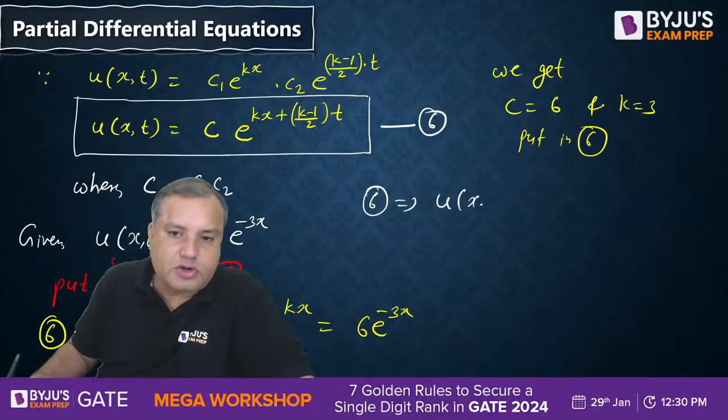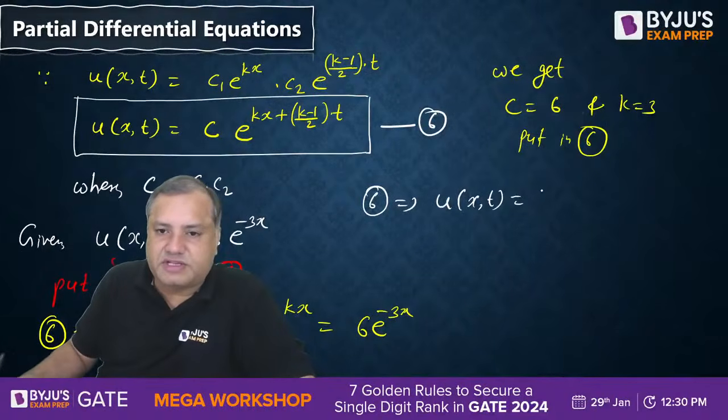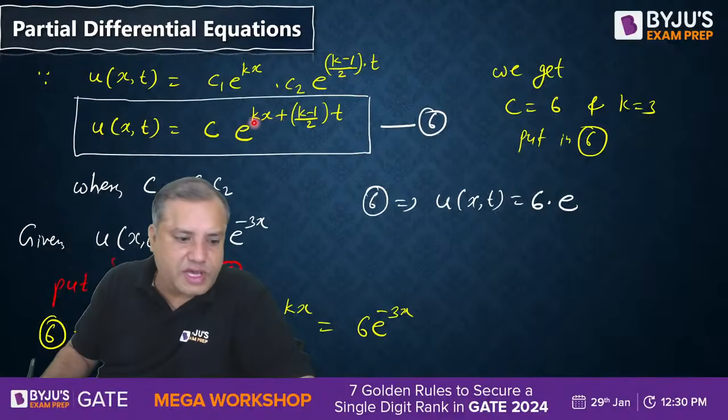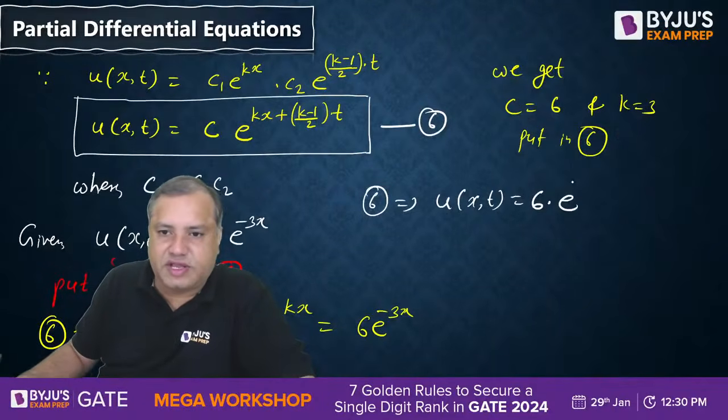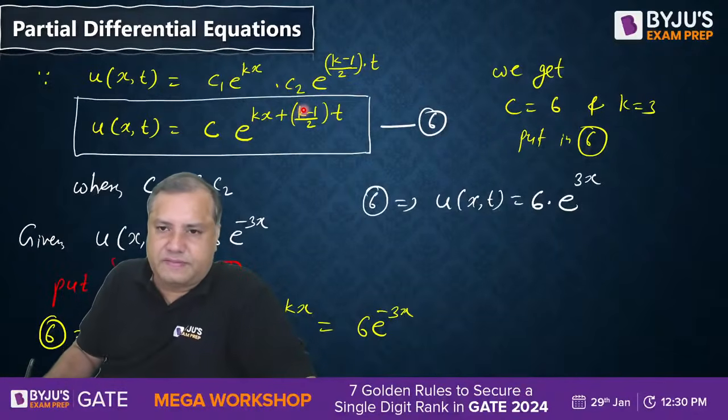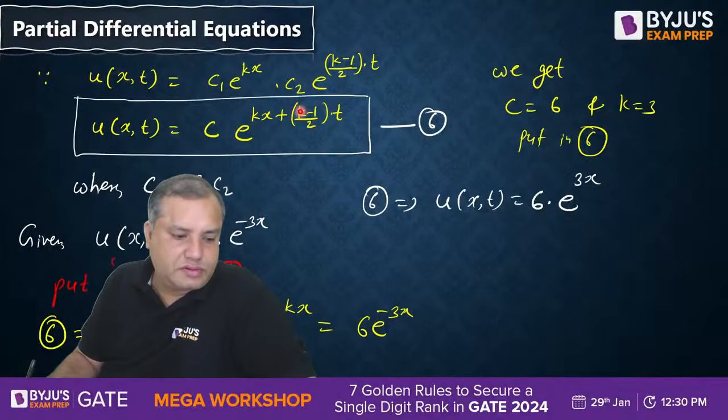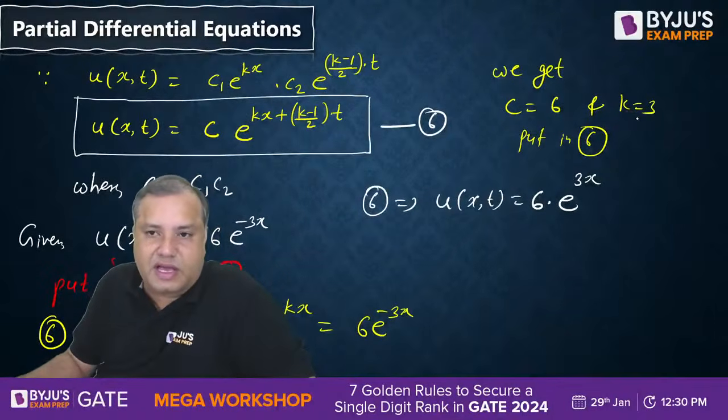So u of x comma t, c is nothing but 6, e raised to kx, k is minus 3.